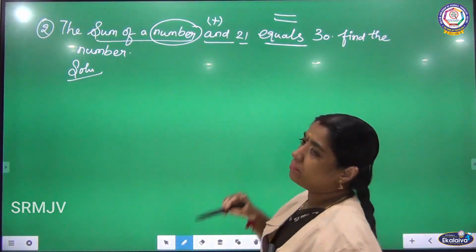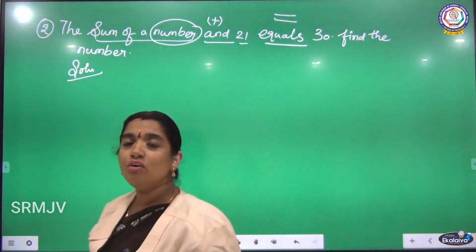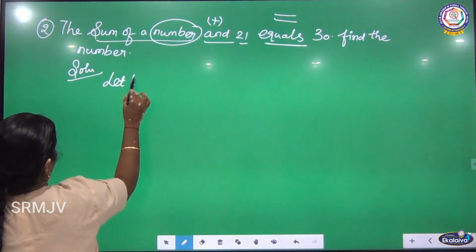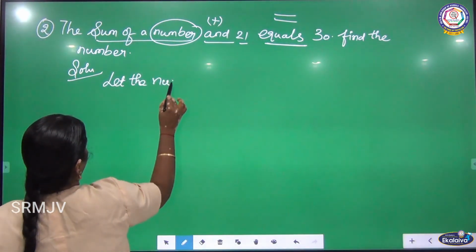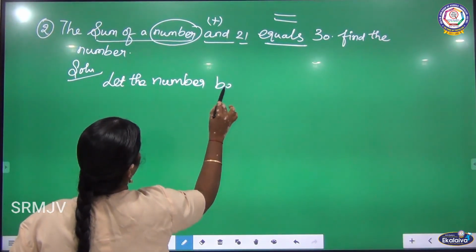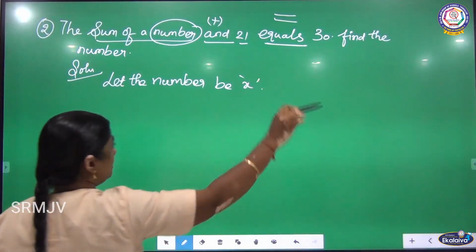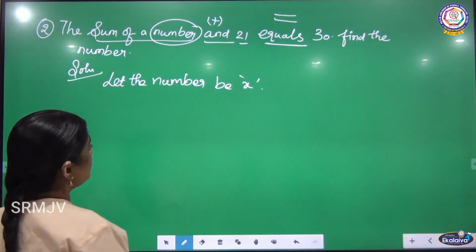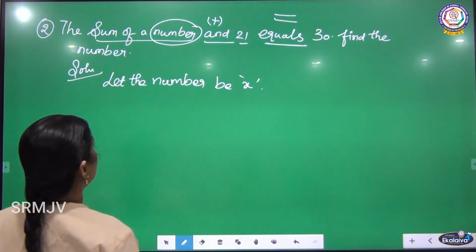What is that number? So an unknown number I can take to be the x. Let the unknown number I have taken to be what? Let the number be x. Got it? Let the number be what? x. Frame an equation, sum of a number.